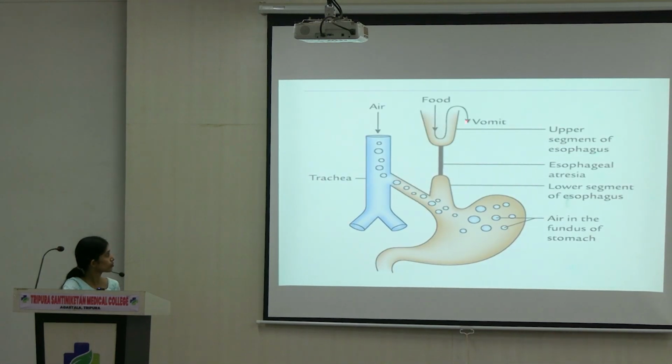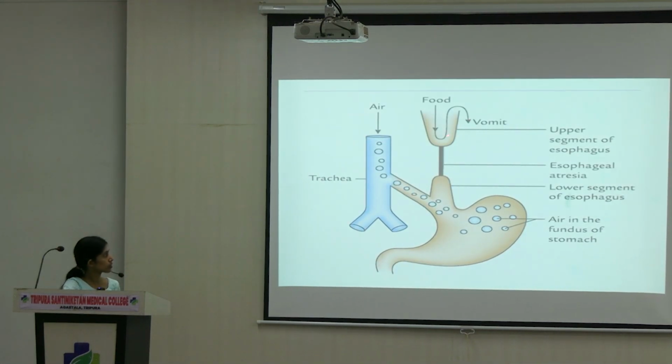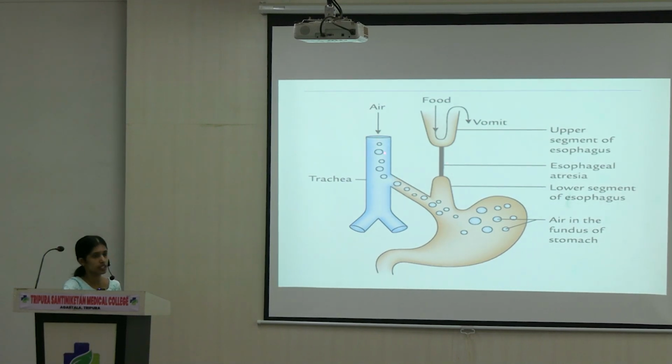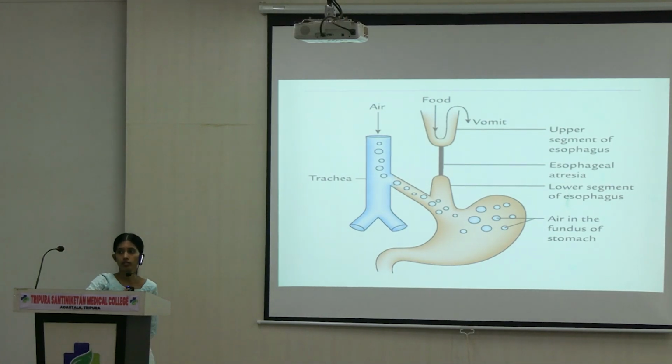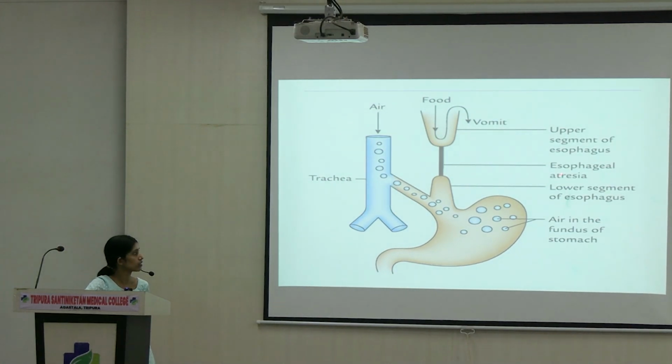You can see here, this is the food part. We have the atresia, that is esophageal atresia. At the same time, the air which is entering your trachea is leading to your stomach region. This causes the tracheoesophageal fistula. Your tracheoesophageal fistula occurs when there is an esophageal atresia. Okay.